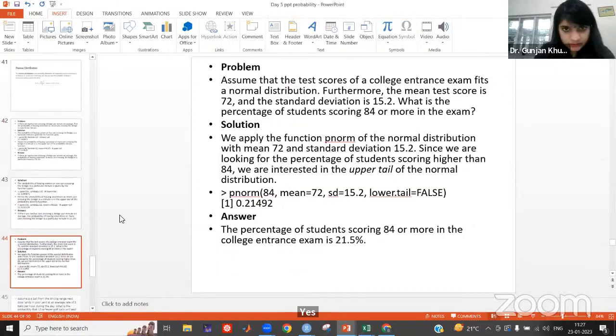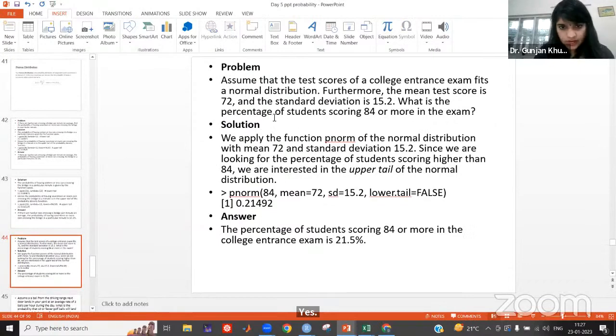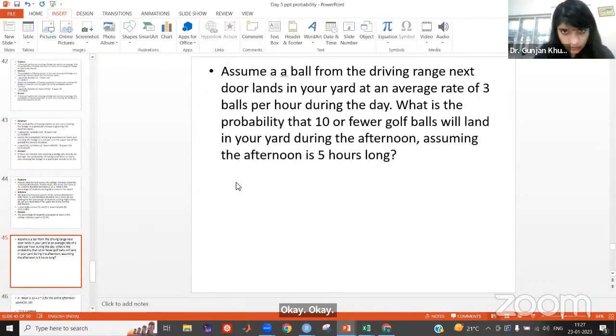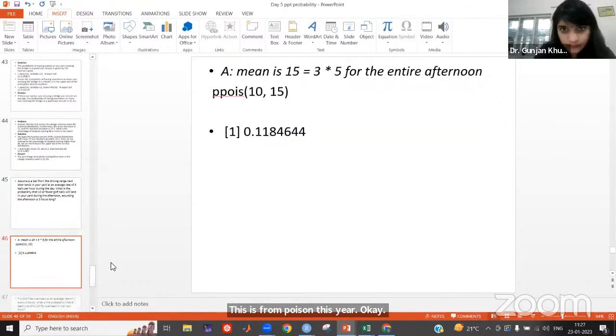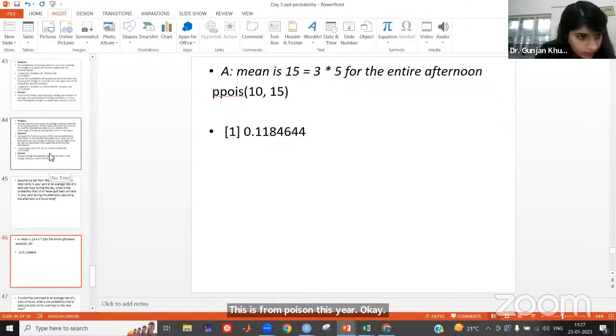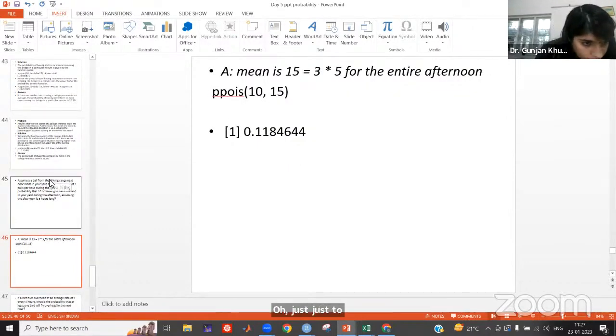Now one more question. Let's try this question, or you may try another one. A lot of questions I have given. This is from Poisson distribution.